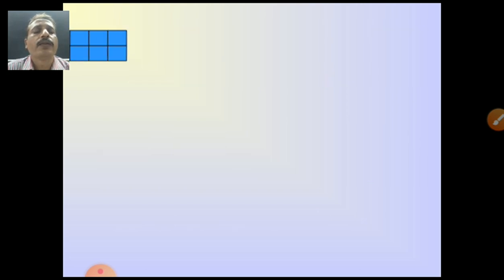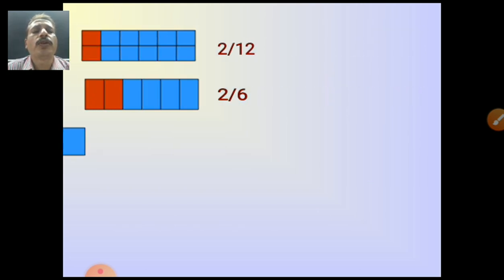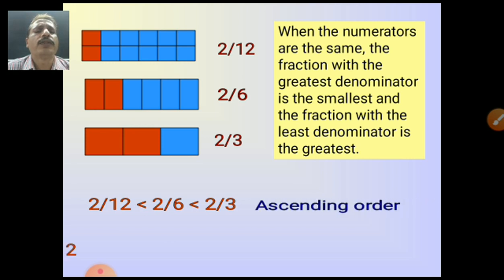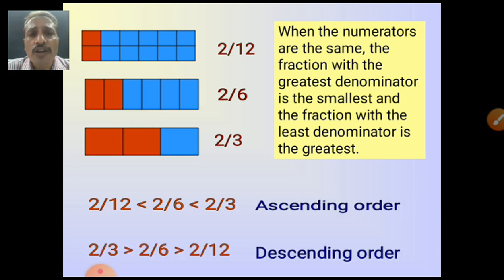Clear? Good. Now look here: 2 upon 12, 2 upon 6 and 2 upon 3. Yes, when the numerators are the same but the denominators are different, what do we have to do? Very simple. The fraction whose denominator is smaller is the bigger one, or the biggest. In ascending order, you can see 2 upon 12 is smaller than 2 upon 6, which is less than 2 upon 3.